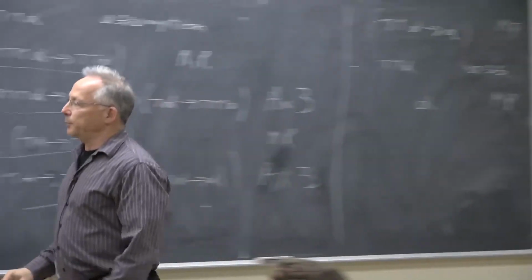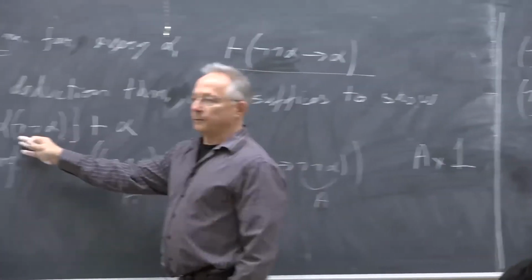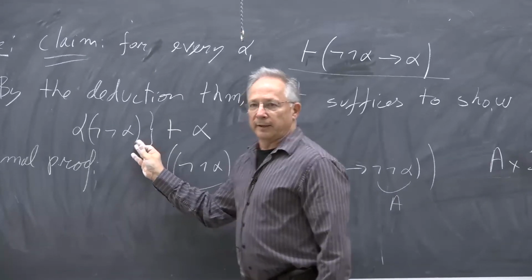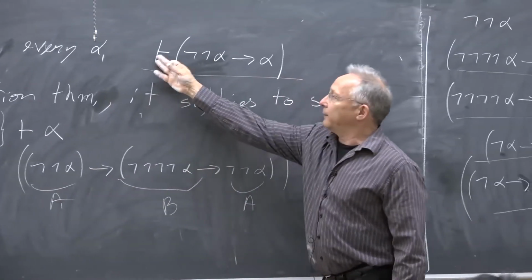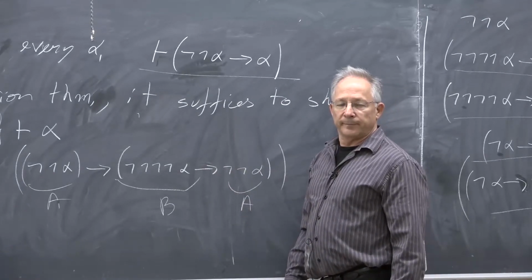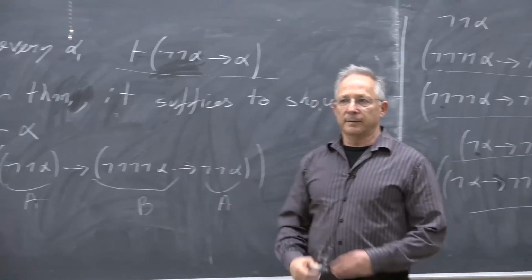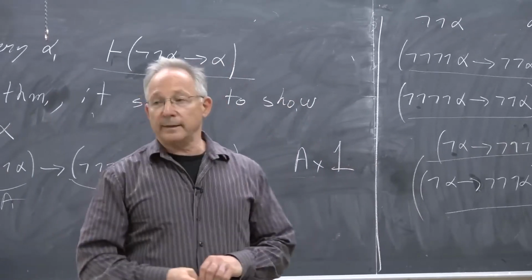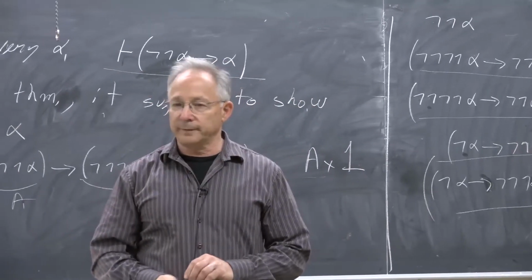So what I ended up with is a proof of alpha from these assumptions, which by deduction gives me a proof without anything of not alpha arrows alpha. So deduction really makes our lives a lot easier, and it was not so difficult to prove.